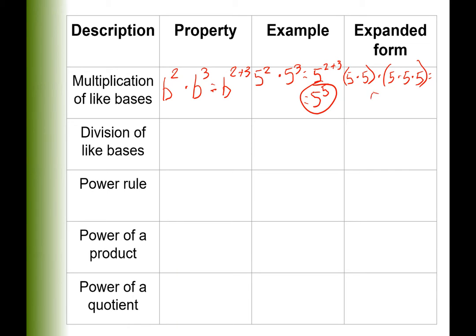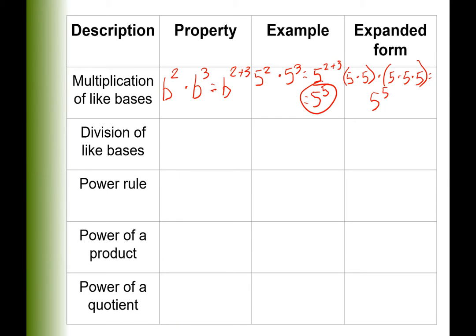And since we are multiplying all of them, it's 5 to the 5th power. Because remember, exponents are just repeated multiplication. So instead of writing out 5 times 5 times 5 times 5 times 5, we can just write 5 to the 5th power.